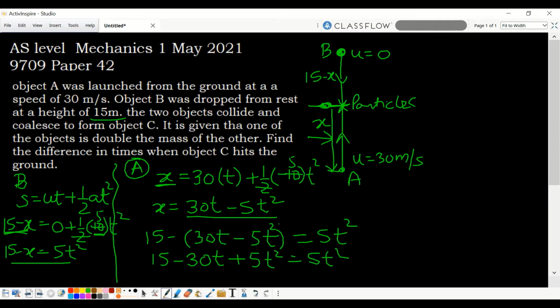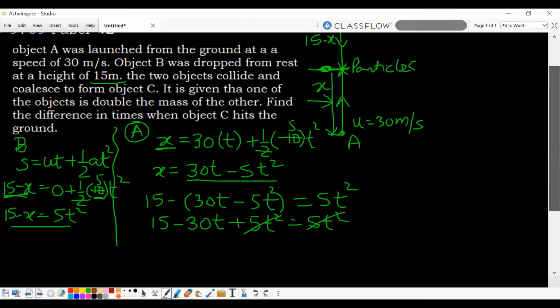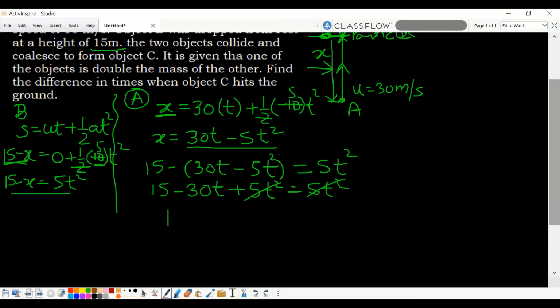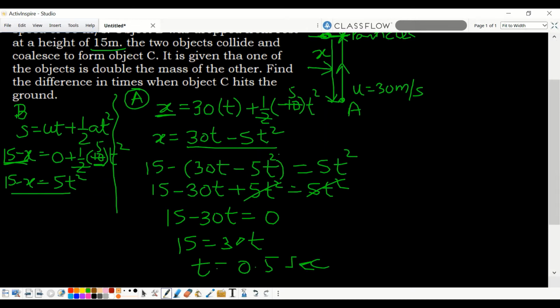Both are 5t squared, so cancel out. Okay, so what is that? 15 minus 30t equals 0, and 15 equals 30t. That gives us t equal to 0.5 seconds. That means they are colliding with each other after 0.5 seconds.